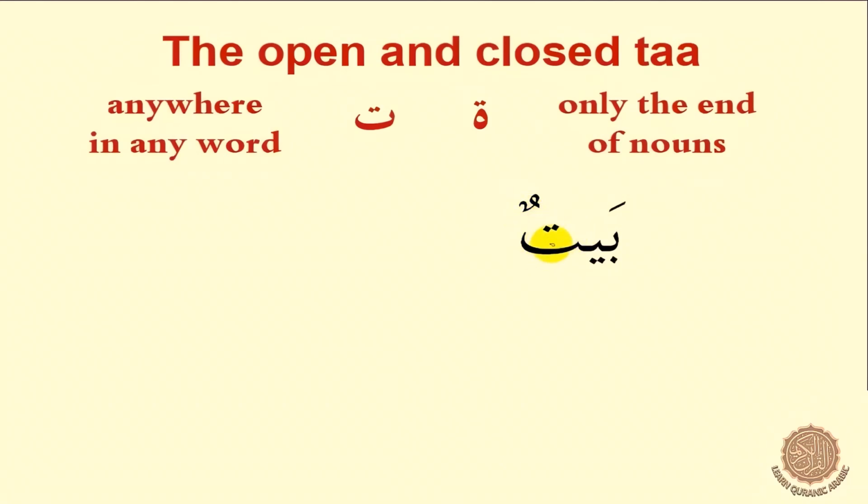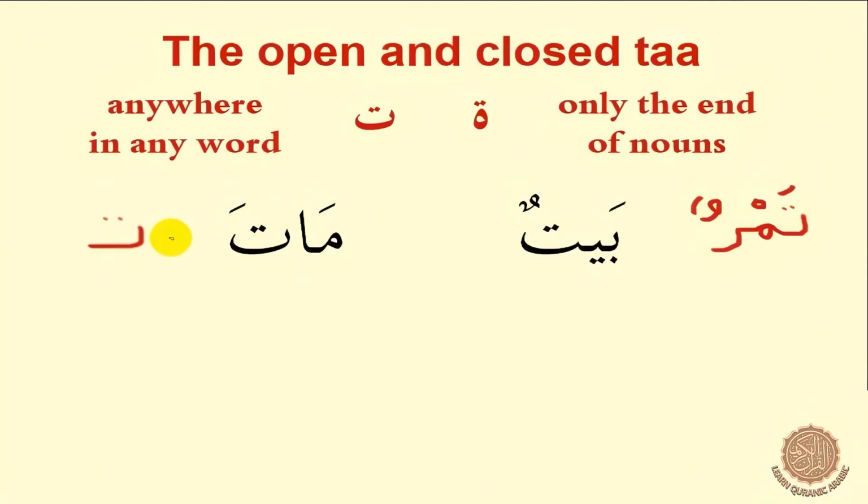We also have the word, for example, tamrun, which means dates. So notice here the open tat at the beginning of a word. We also have, for example, a verb here, mata, which means he died. And tat can also occur alone as a particle. And one of its usages is particle of swearing an oath.